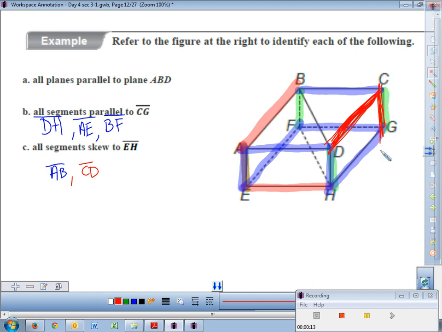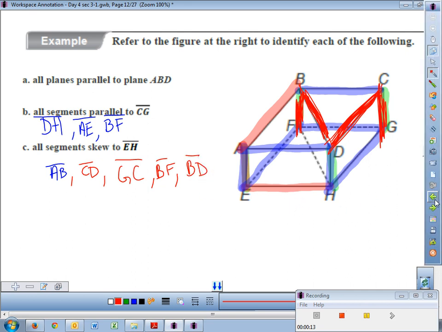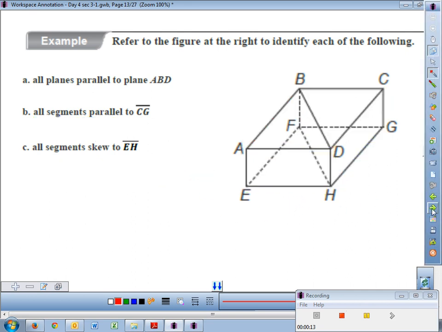Segment CG does not touch segment EH and is not going the same direction, or GC, whatever. And segment BF. And then they also have this goofy one in the picture here, this segment BD. Since they drew it, we'll put it. So those are all the segments that are skewed to that bad boy.